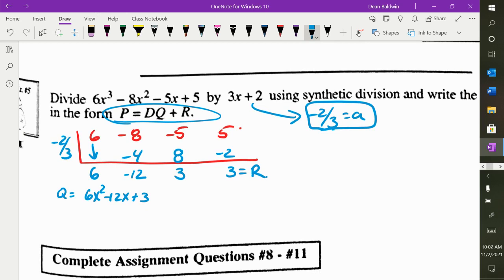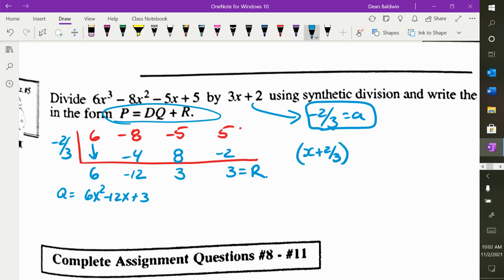So what's my divisor? Yes, you use the one that you actually used in the division. Don't use this. Use the one that's here. So I'm going to write x minus 2/3. Am I? It's going to be plus, right? Does that make sense to everybody?